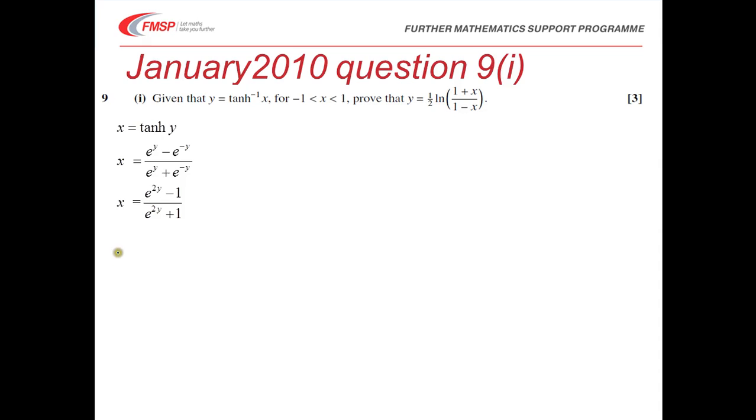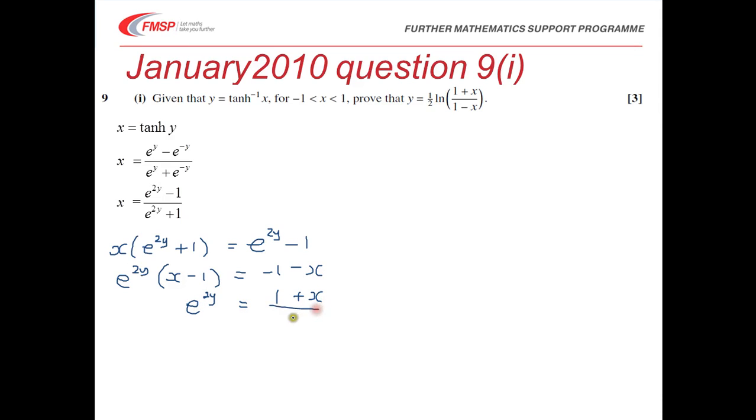So if we do that, we will end up with x upon e to the 2y plus 1 equals e to the 2y minus 1. Collecting all the terms involving e to the 2y, we'll get that, and then just dividing through by x to the minus 1 and tidying it up in terms of signs.